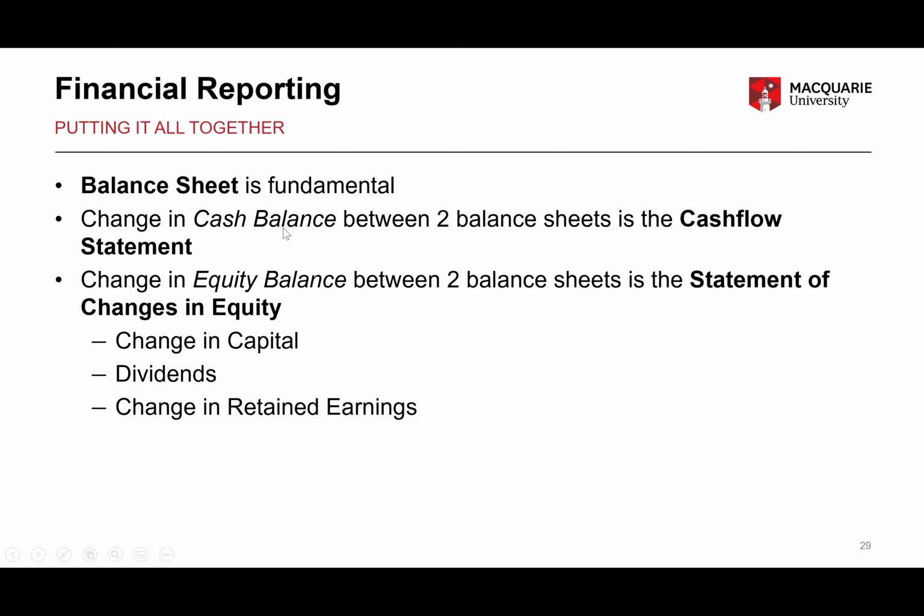The change in the cash balance between the two balance sheets is the cash flow statement. The change in the equity balance between the two balance sheets is the statement of changes in equity. And as we said, that's showing us the change in capital, any dividends that have been paid, and the change in retained earnings. So two big links there that are important.